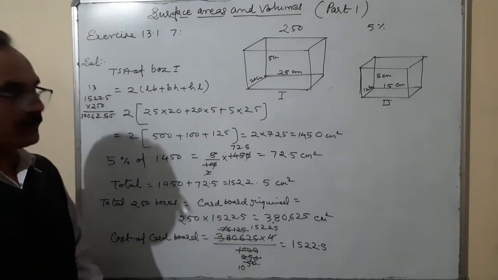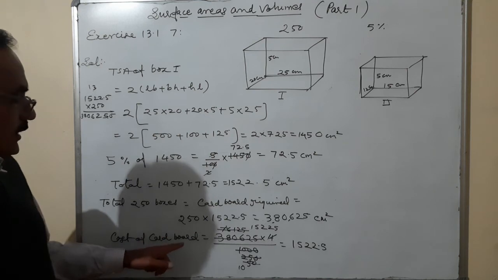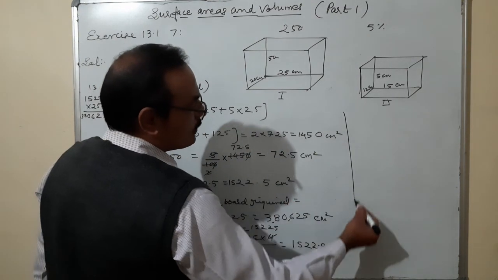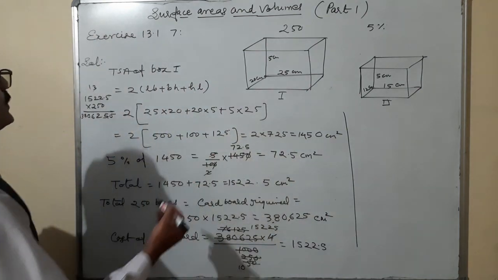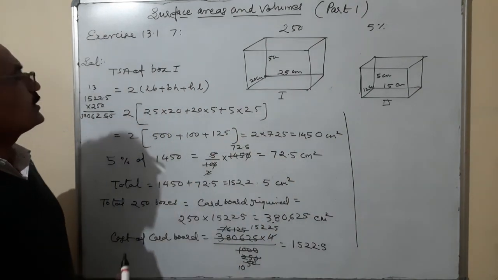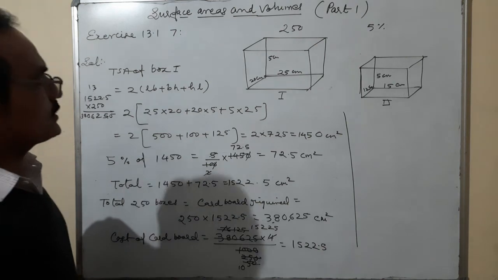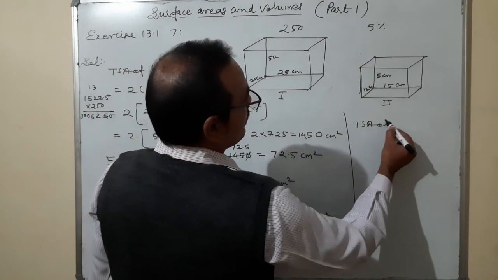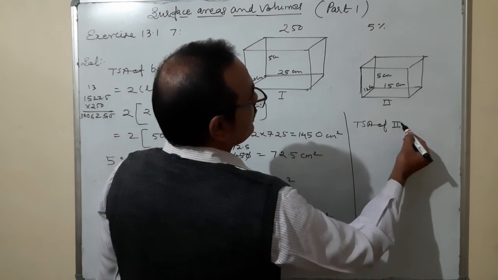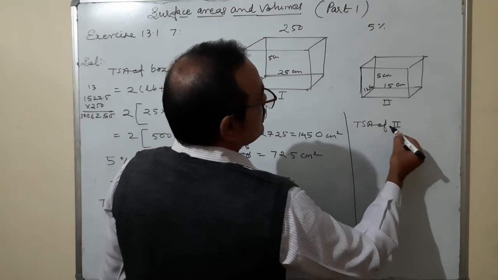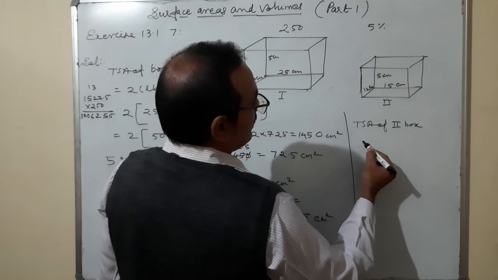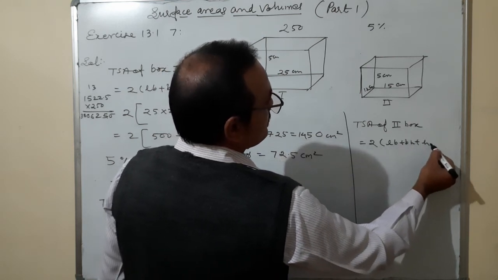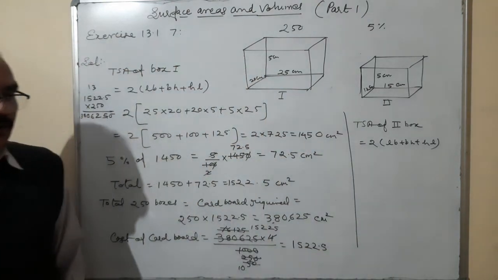So the cost of the cardboard is 1522.5. This is one kind of cardboard, and for the second kind of cardboard, same as we have to find the total surface area of the second box, again using the same formula, 2LB plus BH plus HL.